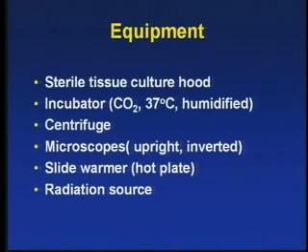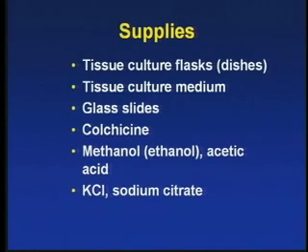This is a magic piece of equipment, a slide warmer, just a hot plate, where you can modify the temperature, to allow you to get a good chromosome spreading, and radiation sources to get the dose response curve.